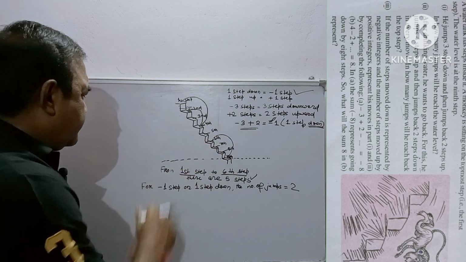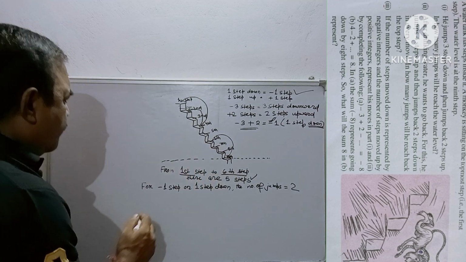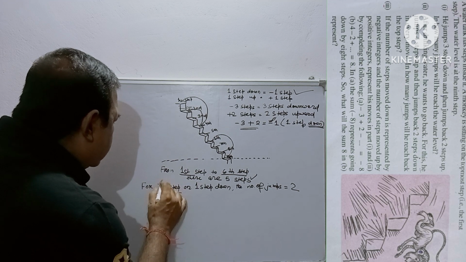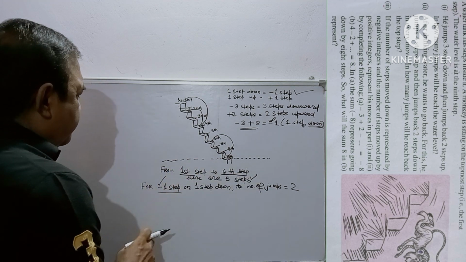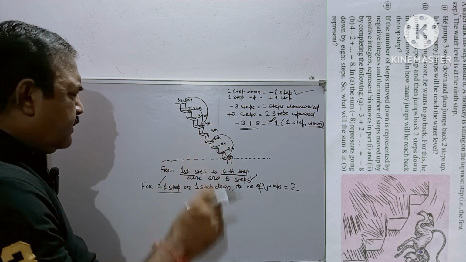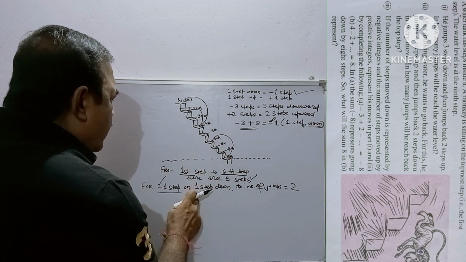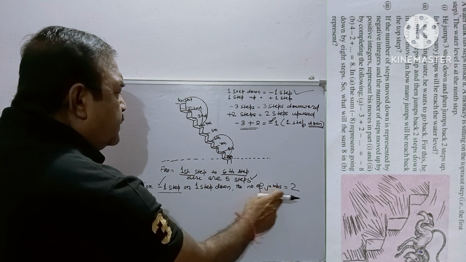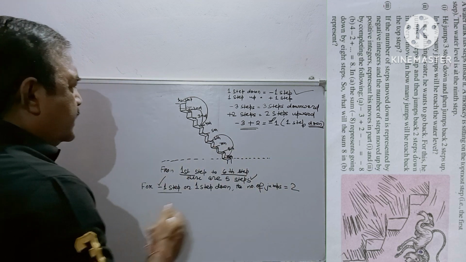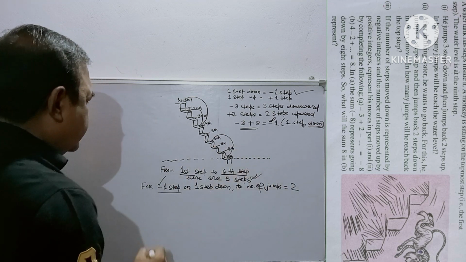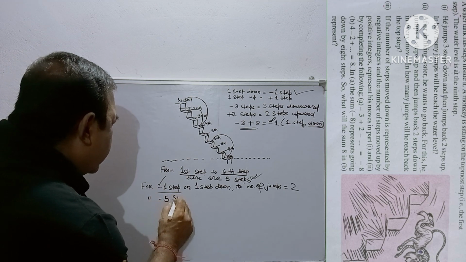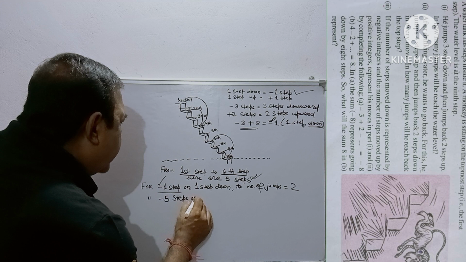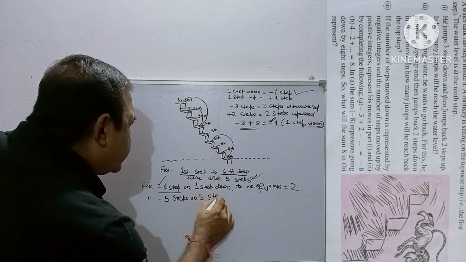There are 5 steps. So minus one step means one step downward. Already I have written here that for one step down, the number of jumps is equal to 2. So how many steps? 5 steps so far. I may write minus 5 steps, that means 5 steps down.